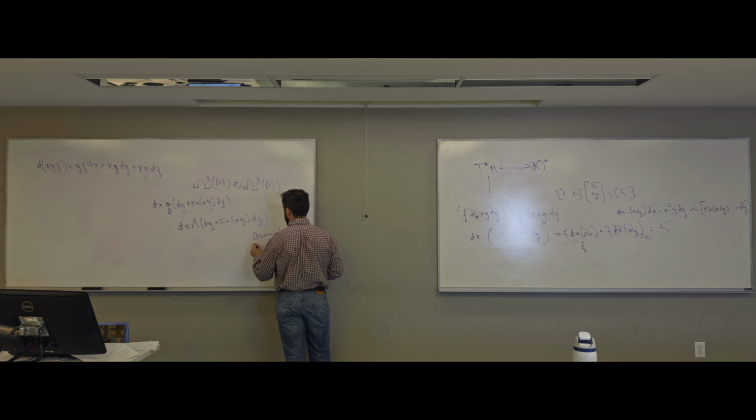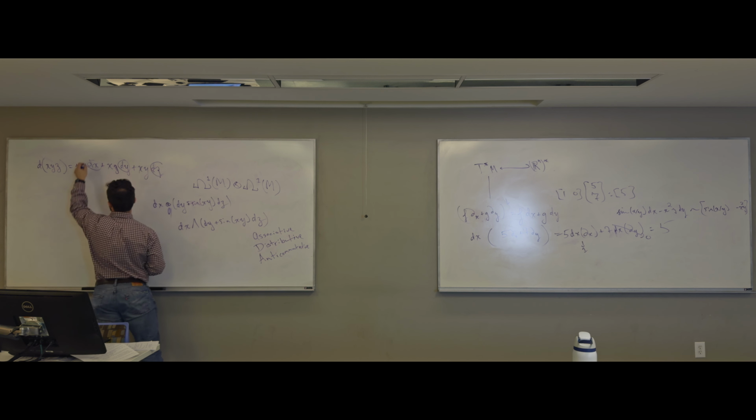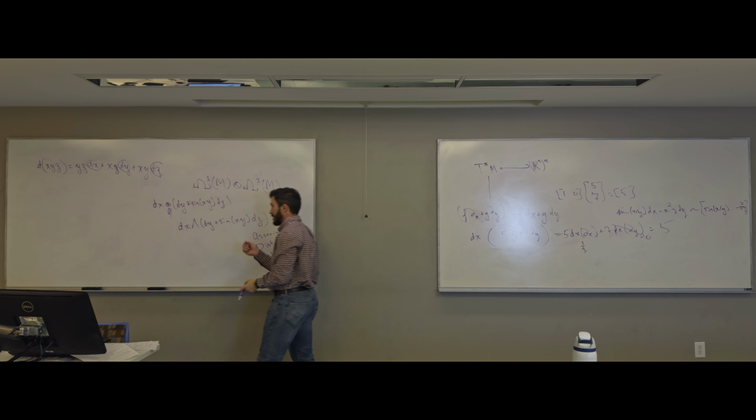It's associative, it's distributive over sums, and it is anti-commutative over basis forms. So when I say basis forms, I mean that this is a basis one form, this is a basis one form, this is a basis one form. It's just things that are d of some coordinate.